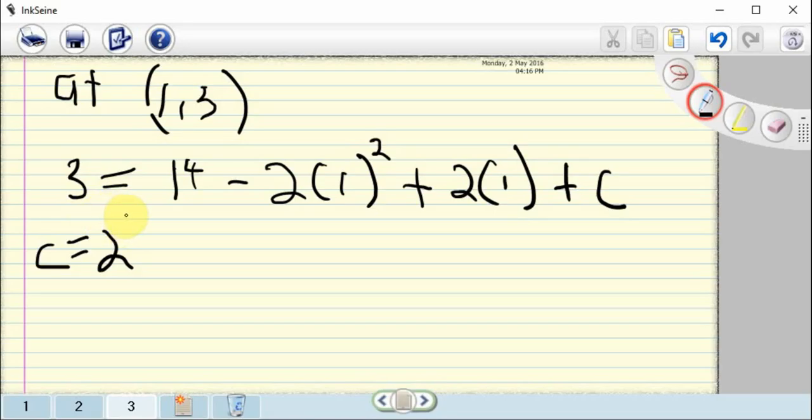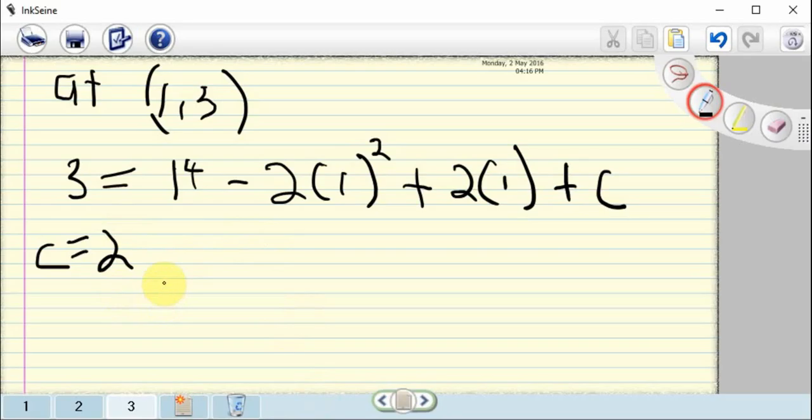You can pause the video and work it out to ensure that it is so. 1 to the 4th is 1. 1 minus 2 is negative 1. Negative 1 plus 2 is 1. When you transpose that to the other side of the equal sign, you end up with 3 minus 1, which is 2. So c is 2.